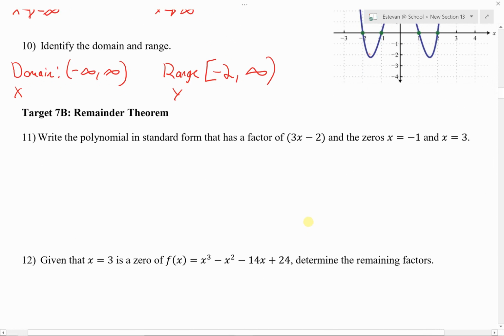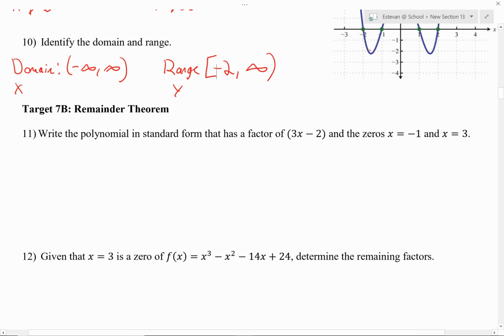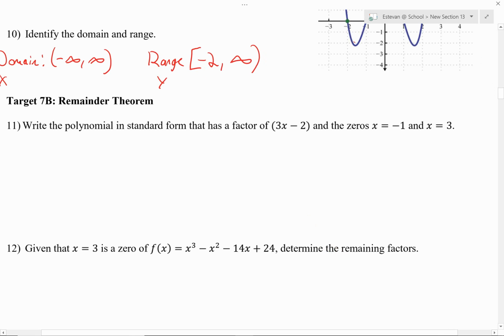11. Write the polynomial in standard form that has a factor of 3x minus 2 and the zeros x equals -1 and x equals 3. So we have the factored form, so that's great. So I could say y is equal to, my bad, erase that, 3x minus 2 parentheses times the quantity of, well, if this is x equals -1, remember this is known as the root, and this is also known as a root.